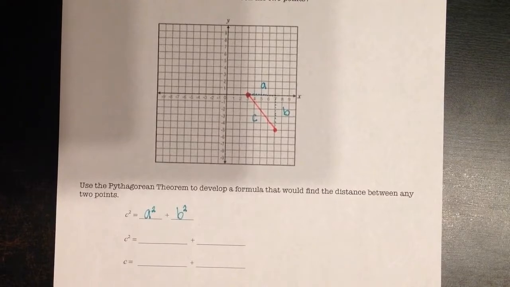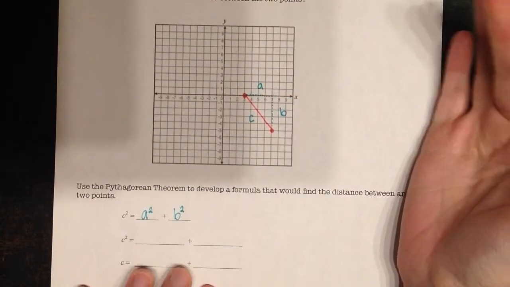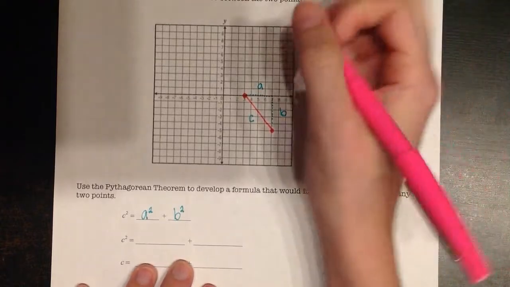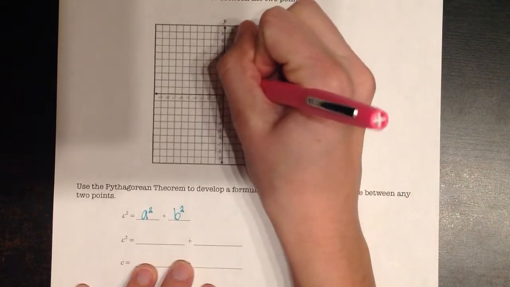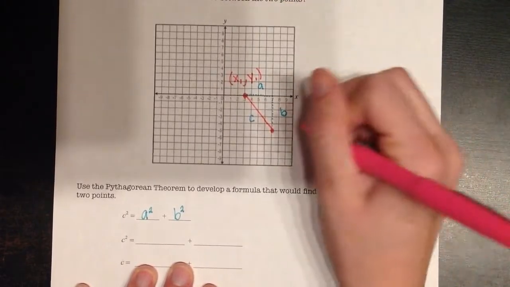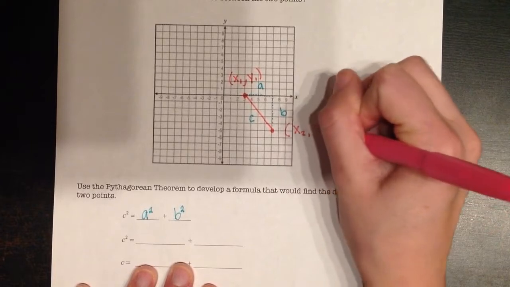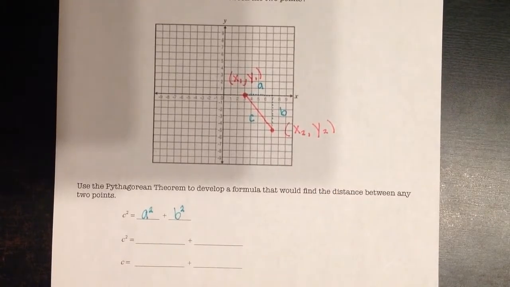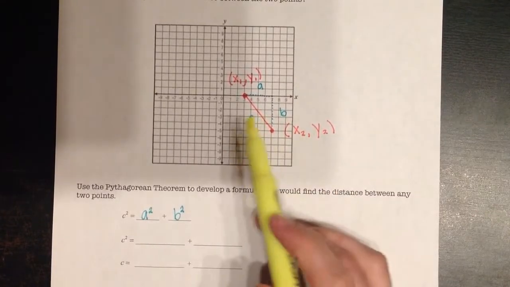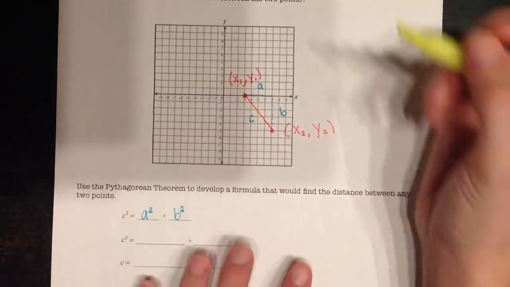But let's pretend that these are some unknown ordered pairs, right? We want to think of this for a scenario that could work in any type of ordered pair. So let's say this is our first x, x1, and our first y, y1. And at this point, it's our second x, x2, and our second y, y2. So our x values, if we were trying to find the distance between those, we can subtract them, right?